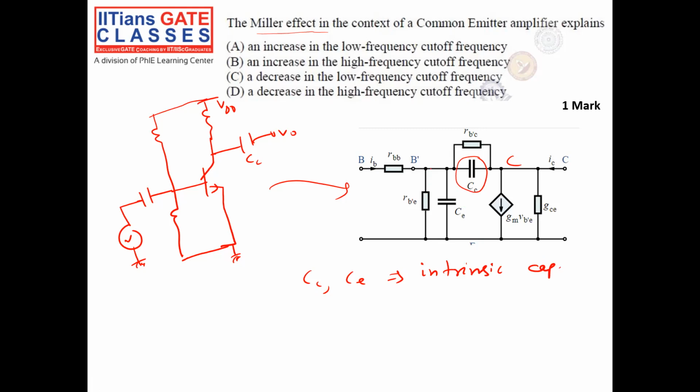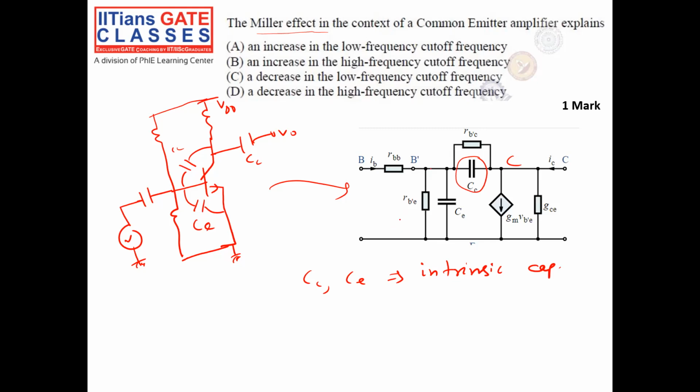This intrinsic capacitor Cμ is nothing but the capacitor between base and collector. Between this and this, I have a capacitor Cμ. Between base and emitter, I have a capacitor called Cπ. Okay, these are there starting from DC to a higher frequency.